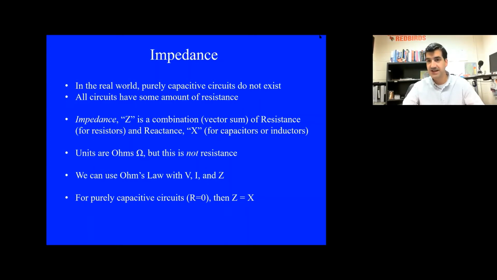So if you're doing an AC circuit analysis, and it has resistance and capacitance in it, you're going to want to identify what the resistance is. You're going to identify what the capacitance is, and then convert that capacitance to reactance. Now you have the reactance and the resistance.